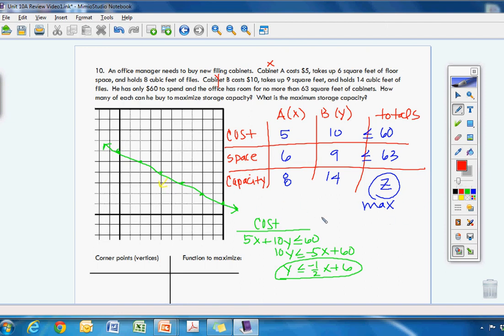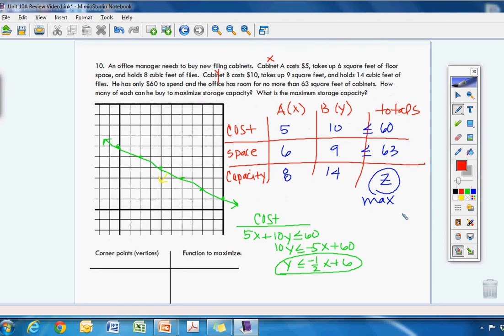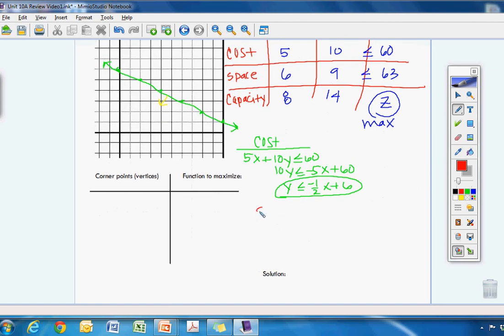Okay, the other equation, we're looking at space. So here I have 6x plus 9y is less than or equal to 63. 9y is less than or equal to negative 6x plus 63. So y is less than or equal to negative 2/3 x plus 7.